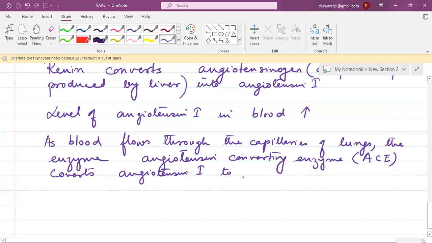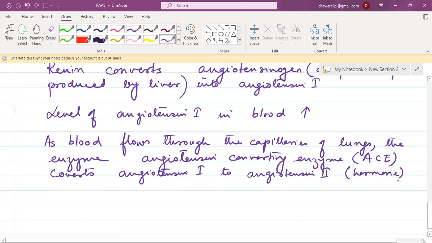Now this angiotensin 1, which is converted to angiotensin 2, we say this angiotensin 2 is actually a hormone.